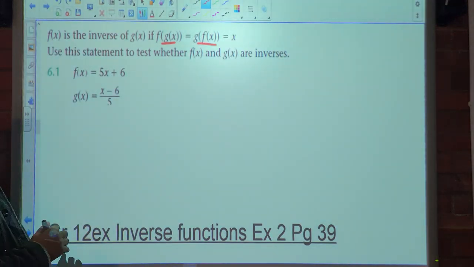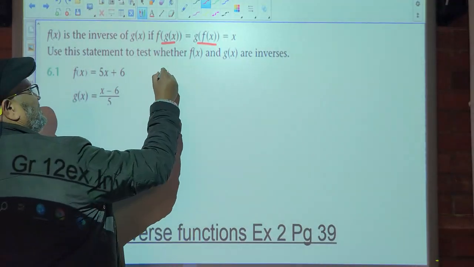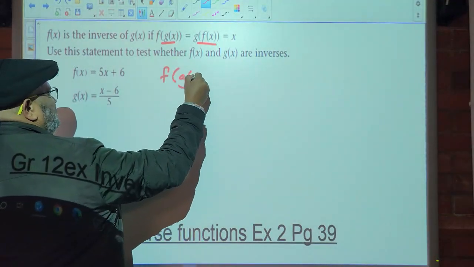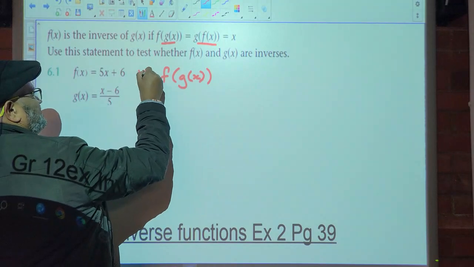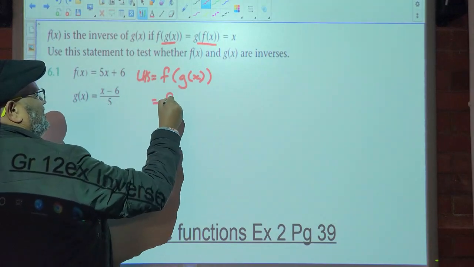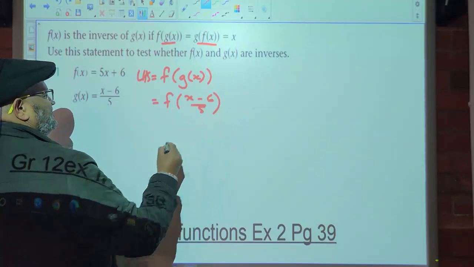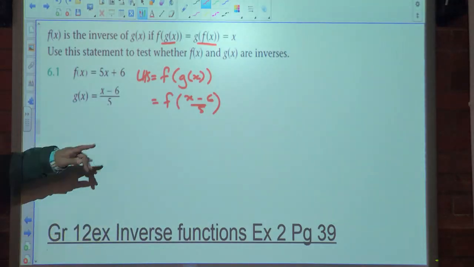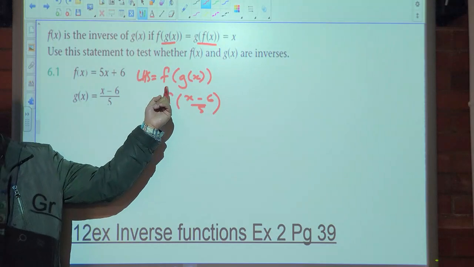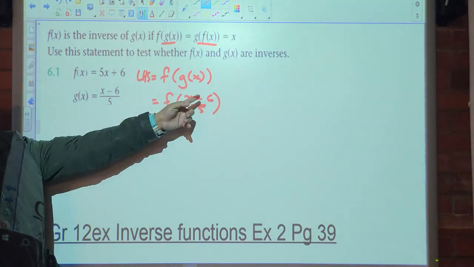So we substitute. We say f of g of x, the left hand side of course. That's going to give you f of, what is g of x? x minus 6 over 5. So now we work out what is f of x minus 6 over 5.